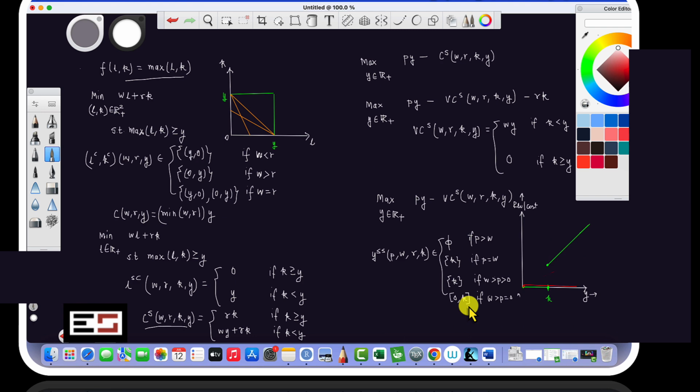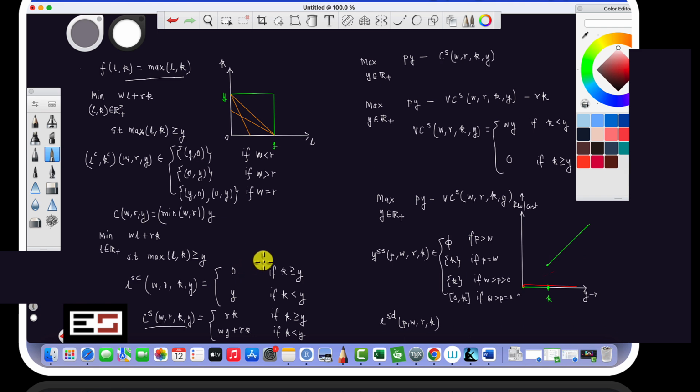If you want to find the corresponding labor demand, the labor demand in the short run, then you just need to substitute this short-run supply into the short-run conditional labor demand function to get the short-run labor demand function. So L^SD, short-run labor demand, is also going to depend on p, w, r, and k.